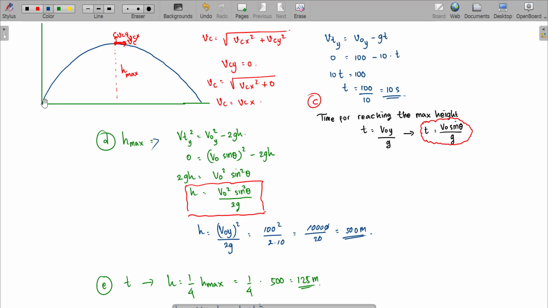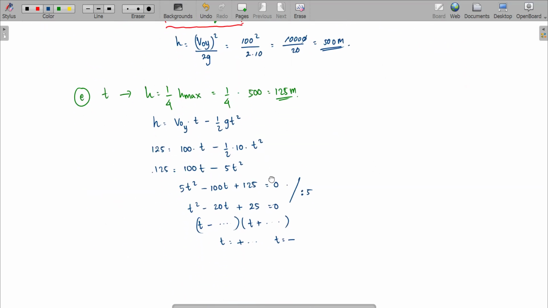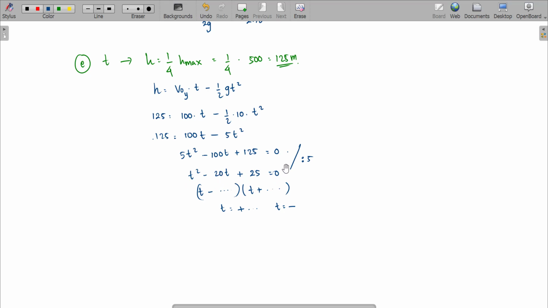Positive time means the object is going up, and if you have the time in negative, it means the position is going down. Okay, but I don't know how much it is. In the pemfaktoran, if you multiply it becomes 25, if you add or subtract it becomes minus 20. Check this out by yourself, how much you got.